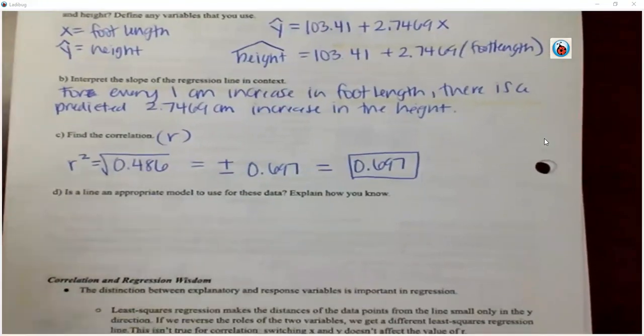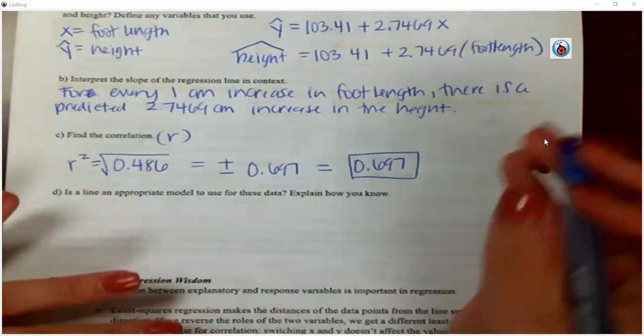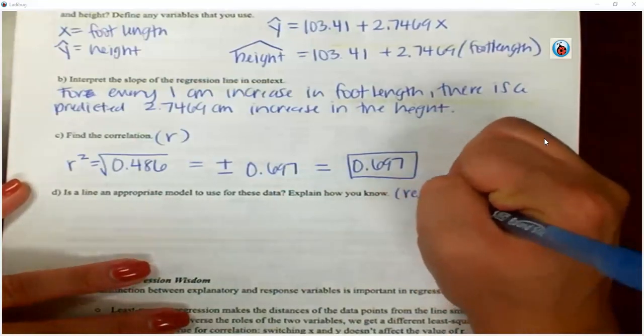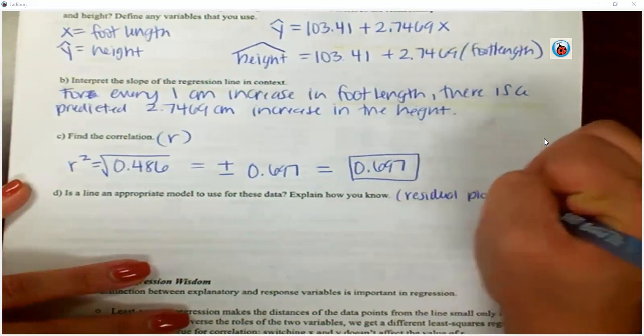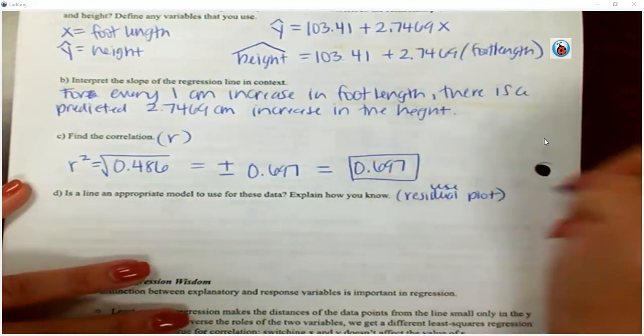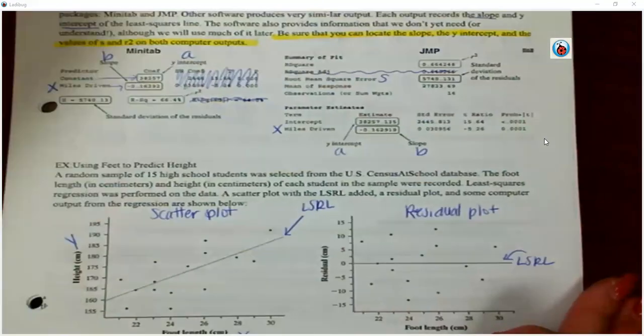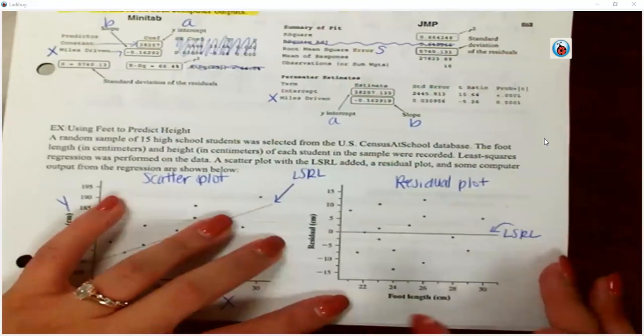And then D, it says, is a line an appropriate model to use for this data? Explain how you know. Okay, when you do this, you're going to look at the residual plot. So if I go back over here, because a residual plot is used to determine if a linear model is appropriate.